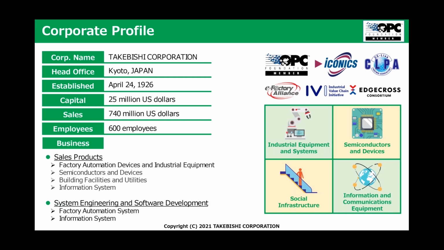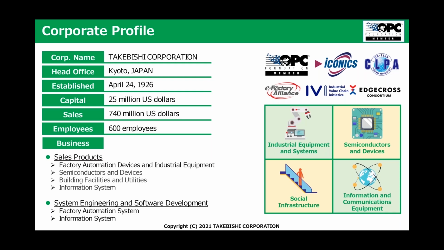We also provide semiconductors and some building facilities and utility equipment. And all these products are not proprietary, so we are kind of reselling these products. But the only product that we are doing ourselves, our proprietary product, is the OPC portfolio and the OPC products.